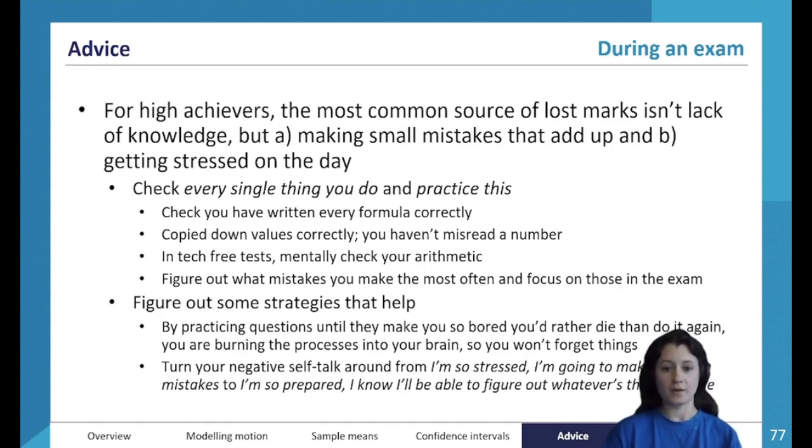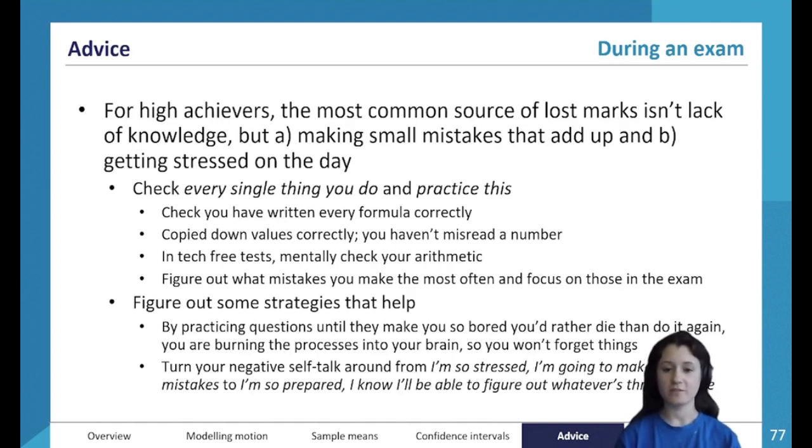For managing stress, figure out some other strategies that help. Make sure that you are practicing a lot, because then when you get into the exam, even if you're really stressed and you feel like you're forgetting all of the content, if you've practiced a lot, then you will be far less likely to actually forget what to do, because it's just like muscle memory at that point.